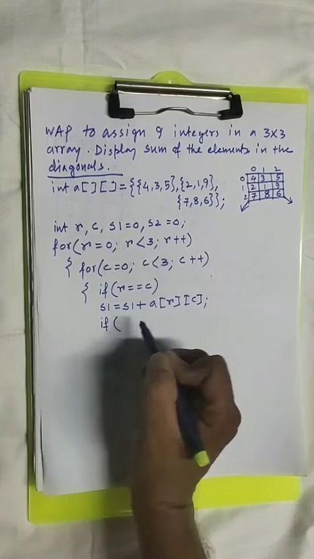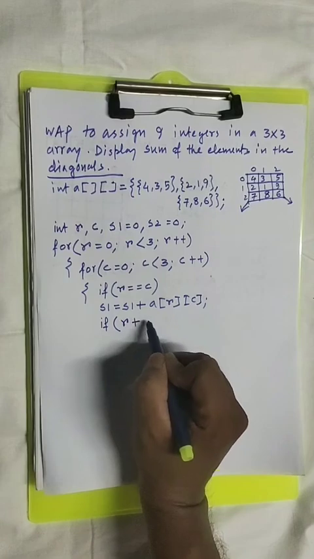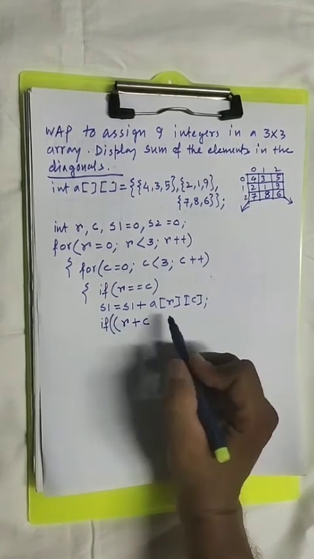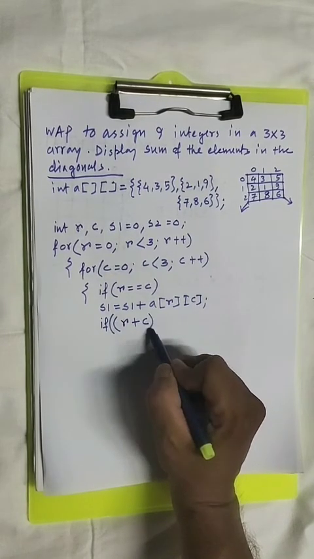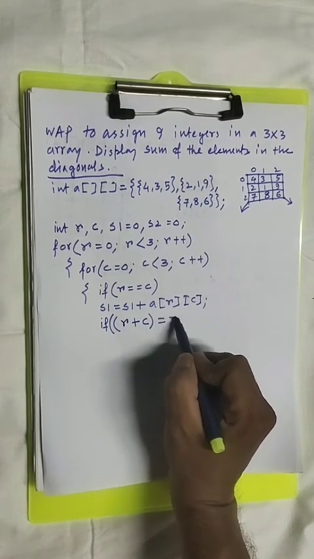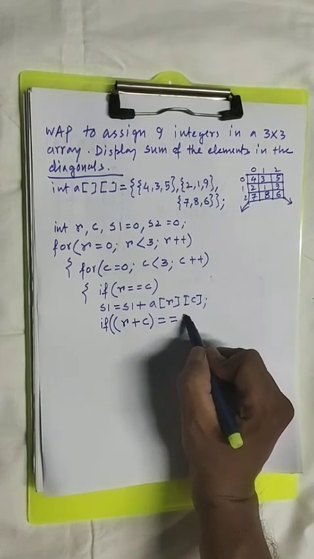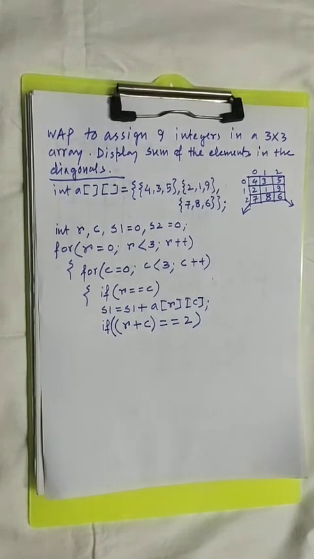If R plus C equal to 2, why R plus C equal to 2?